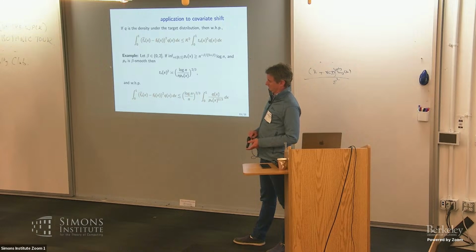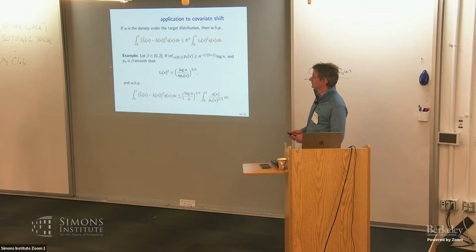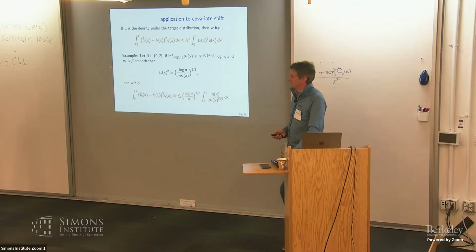I'm wondering if your proof strategy would work for something intermediate between pointwise and integrated risks. Yeah, I think the pointwise one is quite convenient actually, because of the way we construct the perturbation. If you wanted to do that over an interval, I wouldn't know how to construct perturbations in this case.